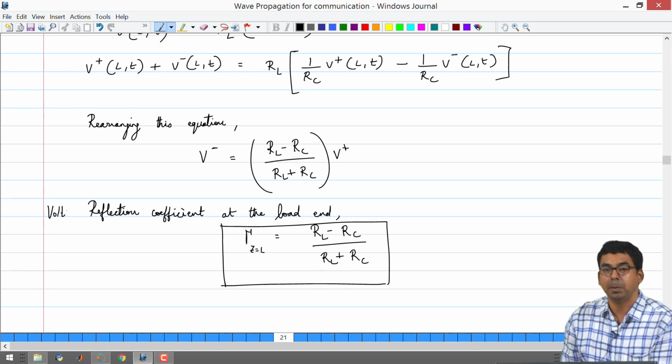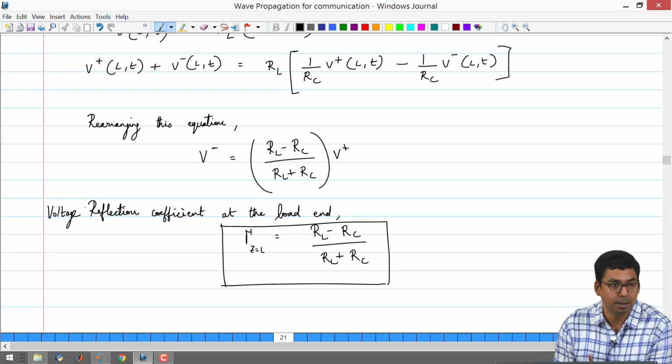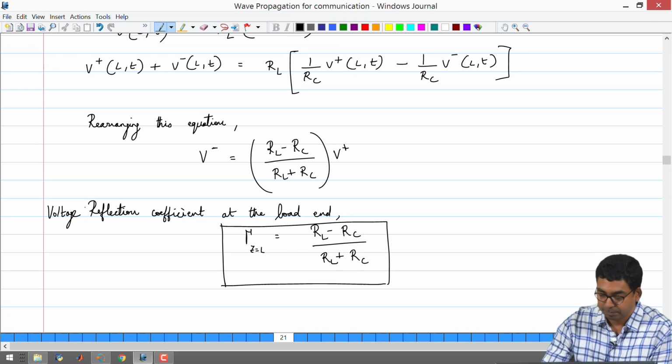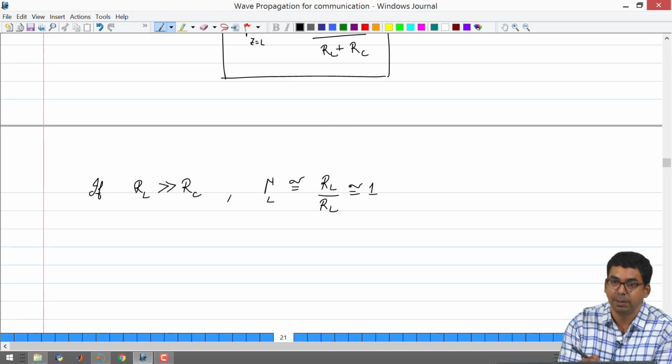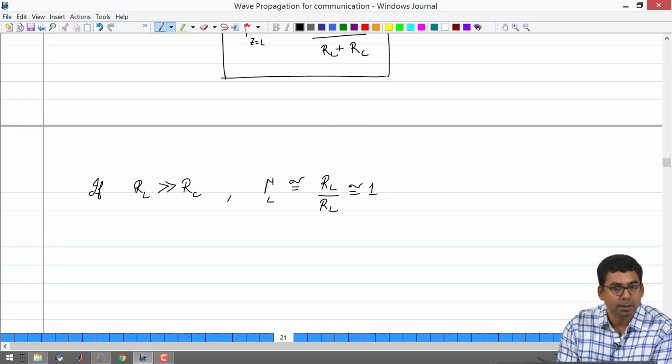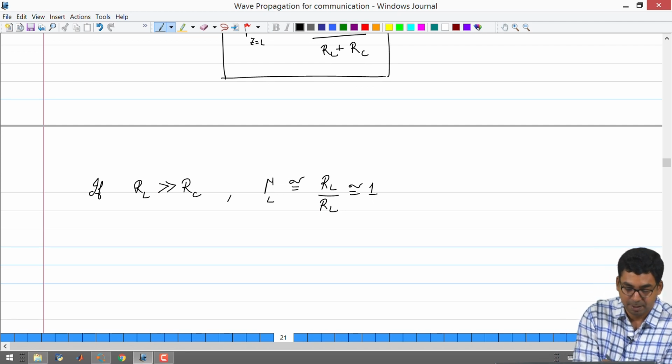Generally when people talk about reflection coefficient, they are talking about the voltage reflection coefficient. So, it means that the reflected voltage wave will have the same sign as the forward wave that was going to the load resistor.